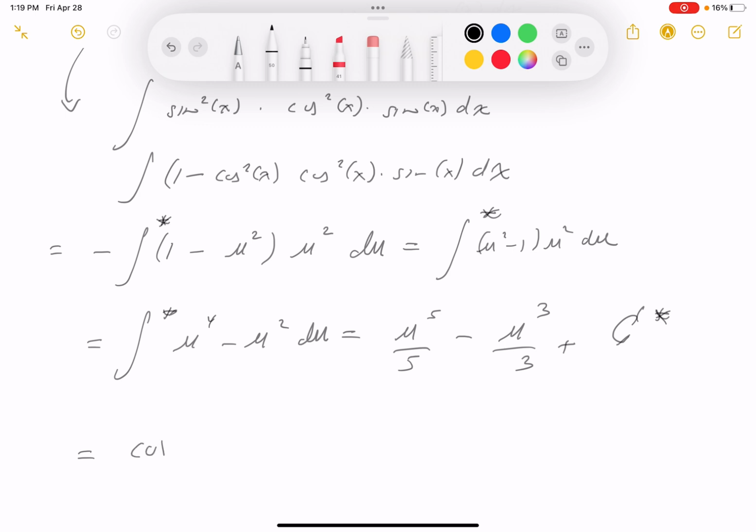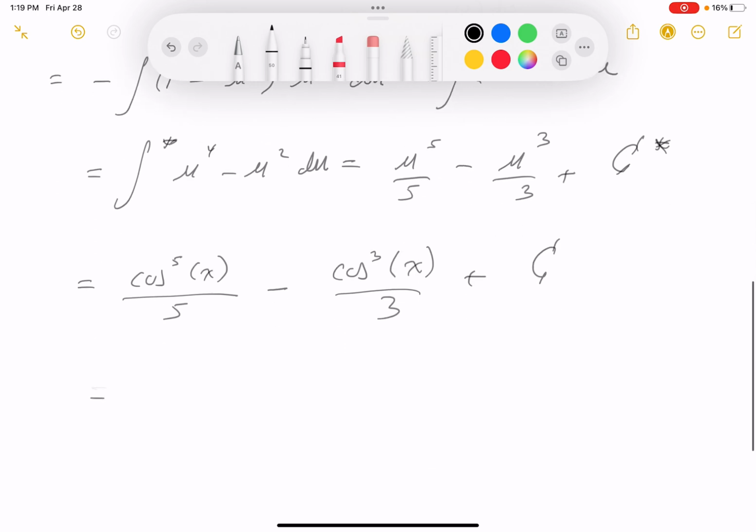So I get cosine to the 5th power of x over 5 minus cosine to the 3rd power x over 3 plus a constant. I'm going to get a common denominator here of 15. So it's going to be 3 cosine to the 5th power x minus 5 cosine cubed x, all over 15, plus c.